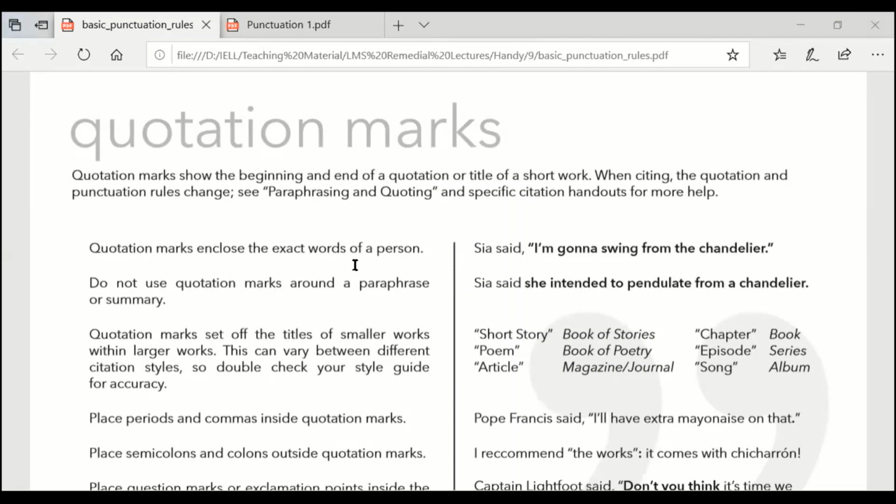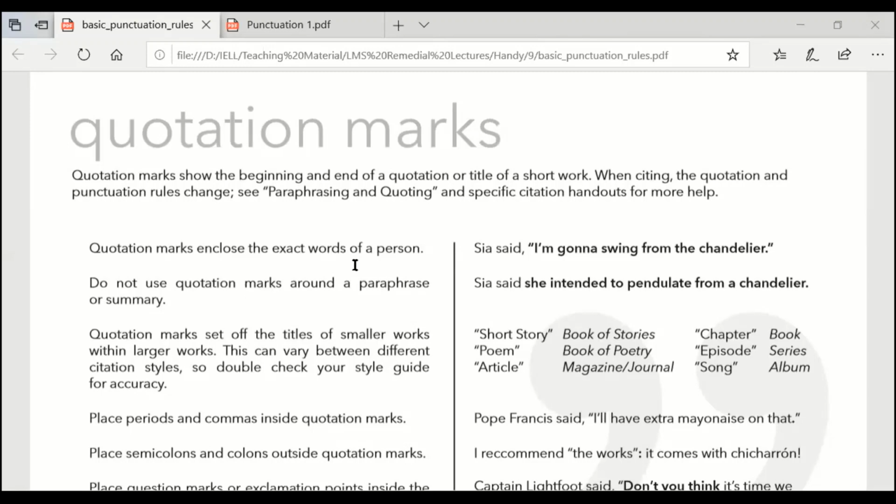When we are quoting the exact words of some other person, in referencing some citation, or maybe narration, when we are narrating that this author said something, and we are choosing to write the exact words they spoke, in that case we would use quotation marks and put those exact words within the quotation marks. Or we also use quotation marks for quoting the title of some work.